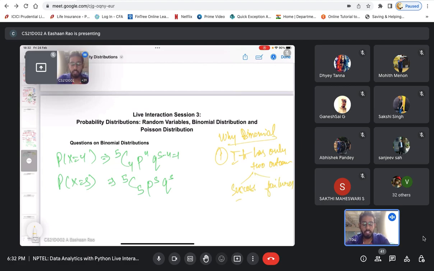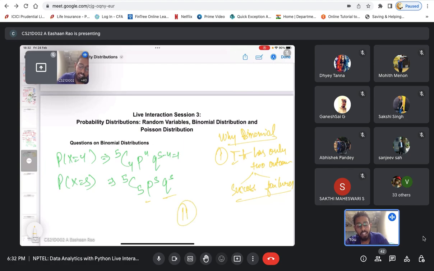So that is the first reason. When we're seeing p and q, apart from head you can get only tail. So if getting a head is a success, getting a tail is a failure. It works only on that. So whatever question you find where only two outcomes are there, there's a high chance it's a binomial distribution, and you have to apply the binomial distribution.